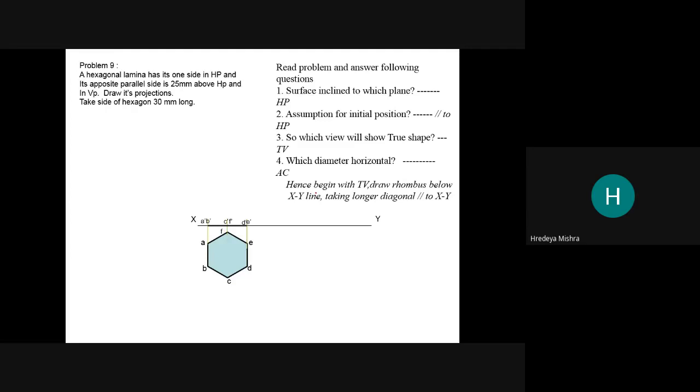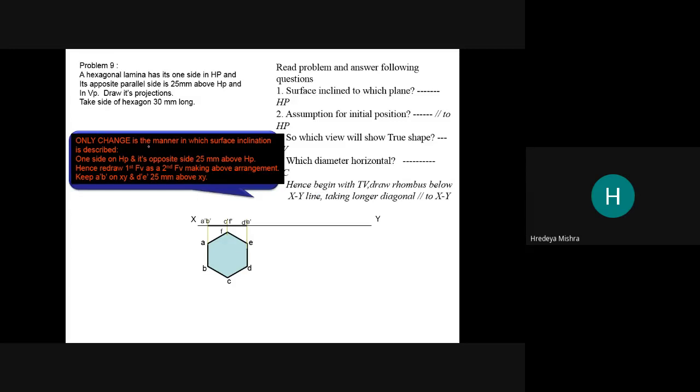Okay, now what happened next? It is given here. See, there is only a change in the manner in which the surface inclination is described. One side of the HP is opposite, 25 above the HP. Hence redraw the first front view as the second front view, making the above arrangement, as you see. This is the 25 and we consider these things.